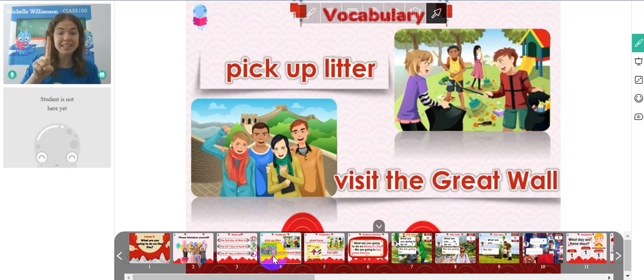Pick up litter. So how could I act this? 2 fingers, pick up litter. Pick up litter. Number 2, visit the Great Wall. So how could I act this? I can make the shape of the Great Wall. Visit the Great Wall.